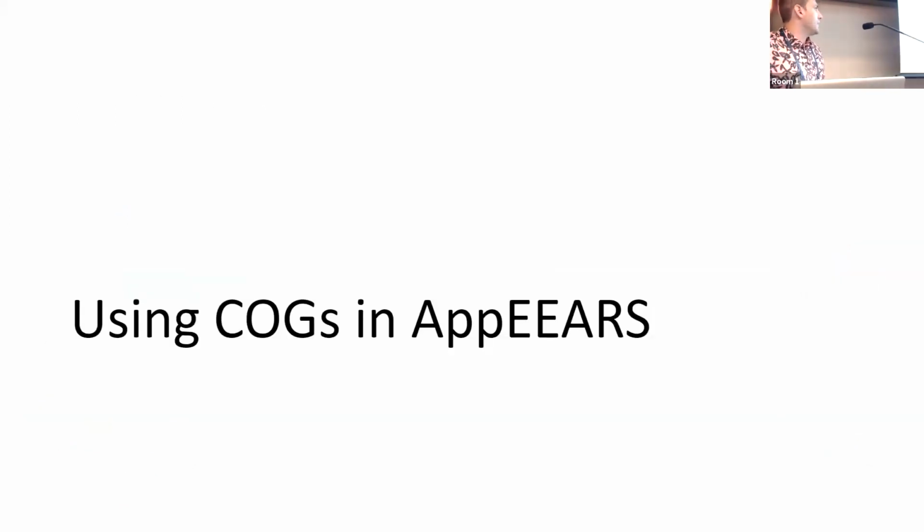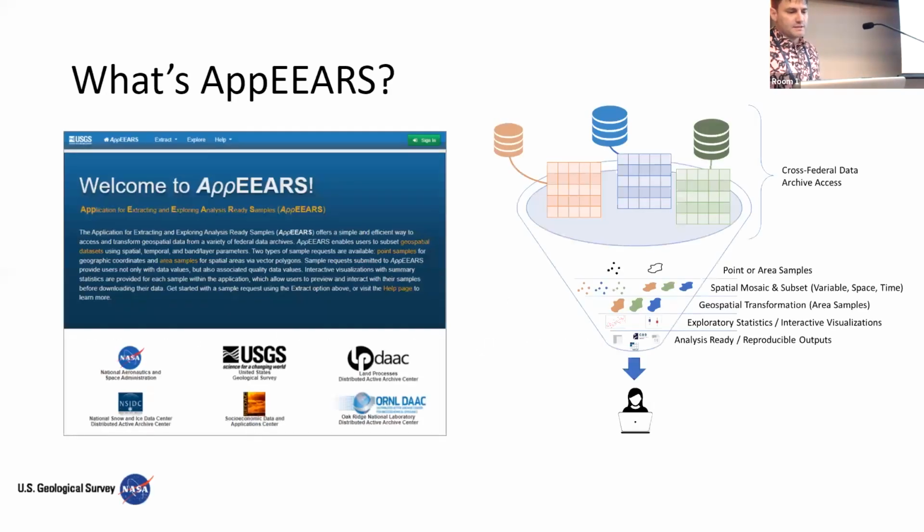Taking a little sidestep, AppEEARS is starting to adopt a new pathway using these data. If you're not familiar with AppEEARS, it stands for Application for Extracting and Exploring Analysis Ready Samples. Essentially what AppEEARS does is reach into the archive to get data upon request, and will give you a spatially subsetted or aggregated version of the data that's been clipped to your area of interest.